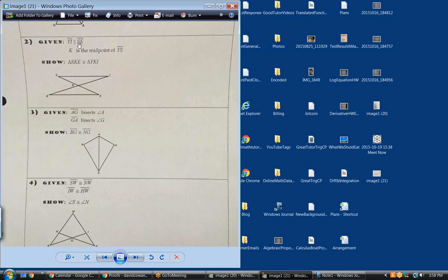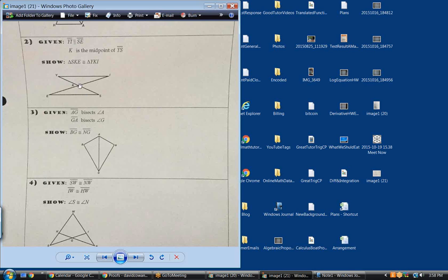Those two lines are parallel, the top one and the bottom one. K is the midpoint of that. So explain to me why these two triangles are congruent. Which lines are equal?